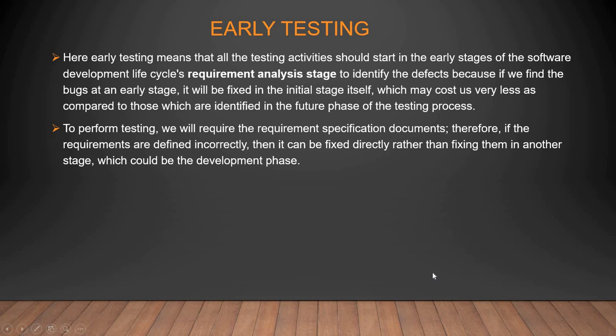To perform testing, we will require the requirement specification documents. If the requirements are defined incorrectly, then they can be fixed directly rather than fixing them in another stage, which could be the development phase.